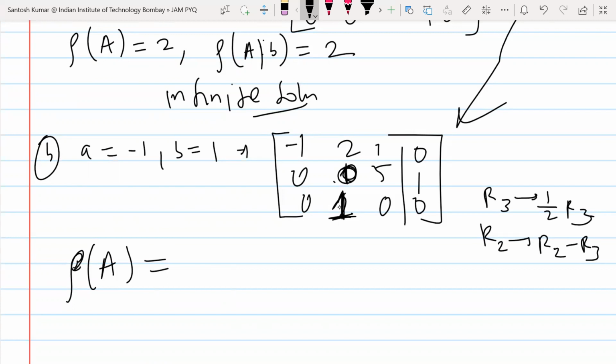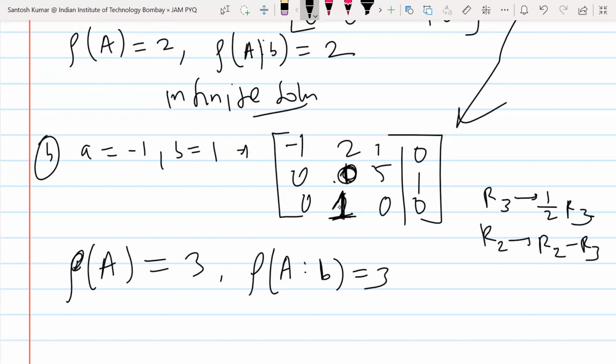If you apply one more operation and interchange the second row and third row, then we can see that the rank of A is 3 and the rank of the augmented matrix is also 3.